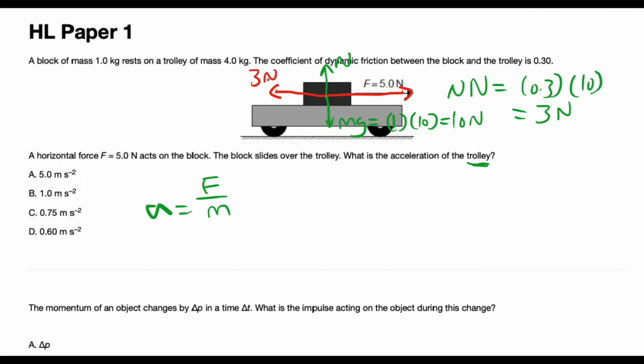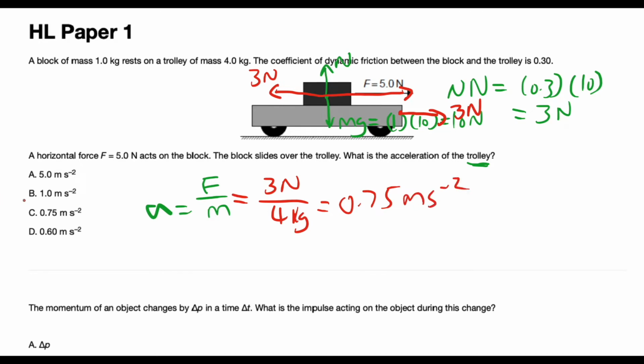So if there is a leftward force of 3 Newton acting on the block, there's also going to be a force of 3 Newton pointing to the right acting on the trolley. So this is the net force for the trolley. The net force is equal to 3 Newton, and it has a mass of 4 kilograms. So the acceleration is going to be equal to 0.75 meters per second squared. So the answer will be C.